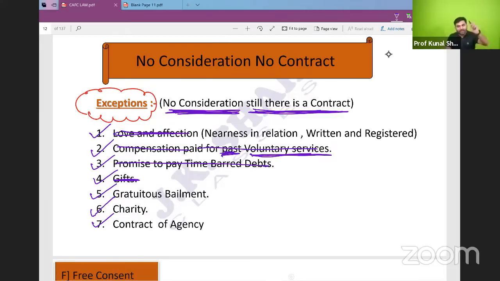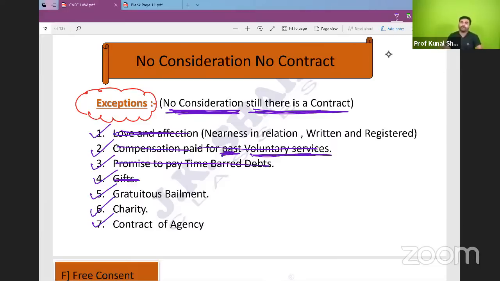One fine day, I have taken a loan from Mr. Karthik, which means I am a debtor and Karthik is the creditor. The loan was taken in the year 2010, and I made a promise to Karthik that I shall repay the loan in the year 2020. So the date of performance is 2020.